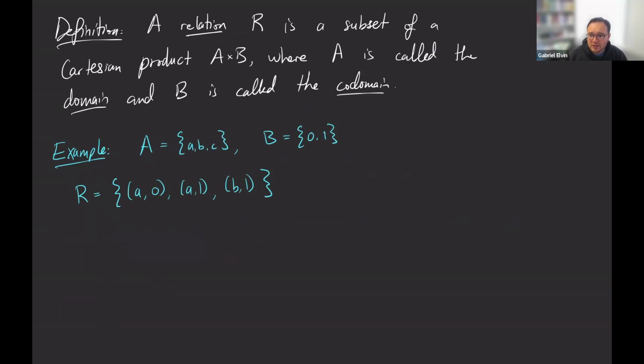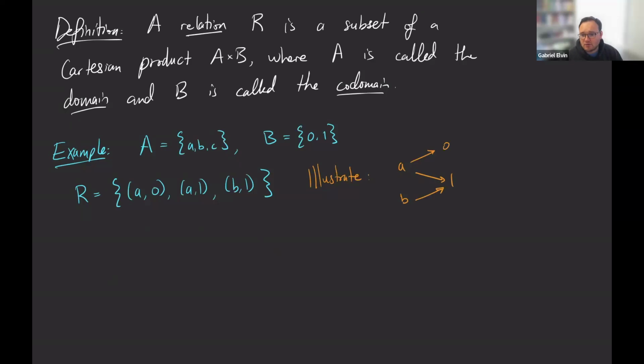So we can't call it a function because if we're thinking of the left coordinate as the input and the right coordinate as the output, a would have 2 outputs. So we can also illustrate as well. Something like, we have a here and it goes to 0 and 1, and then we also have c, which just goes to 1.